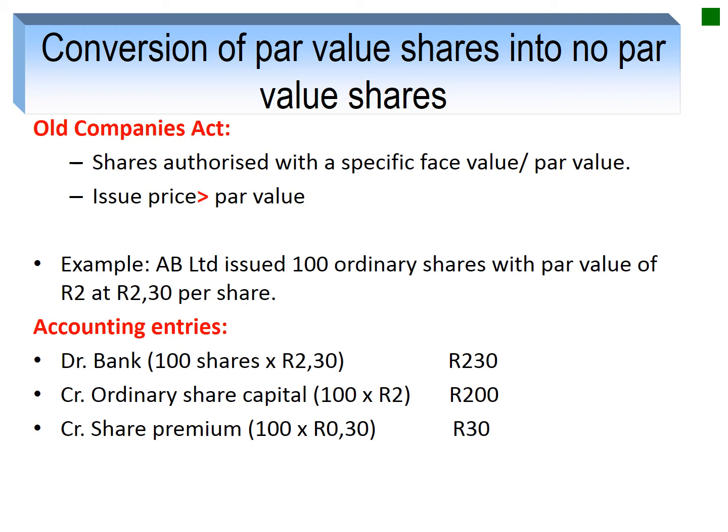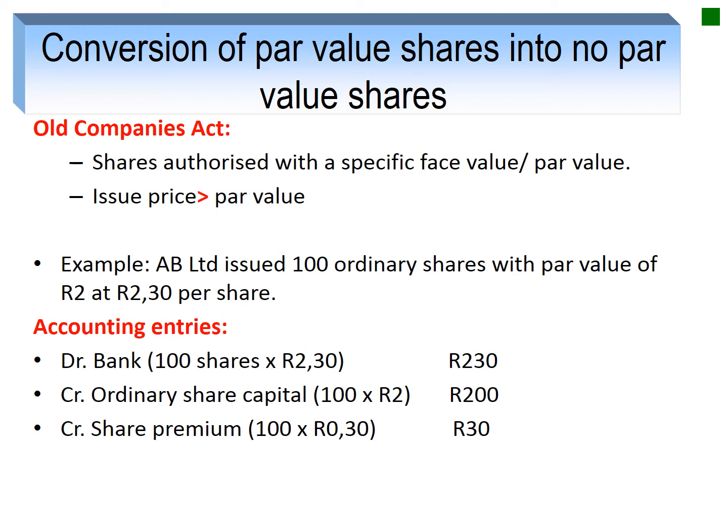The difference of R30, which is the premium above par value, so your issue price was R2.30 and par value is R2. The difference of 30 cents per share comes to R30. That amount would get credited to an account called share premium. So together, the share premium plus ordinary share capital come to 230 Rand.